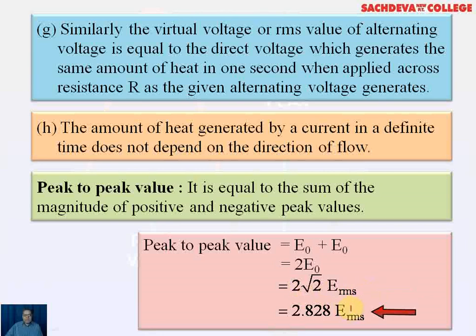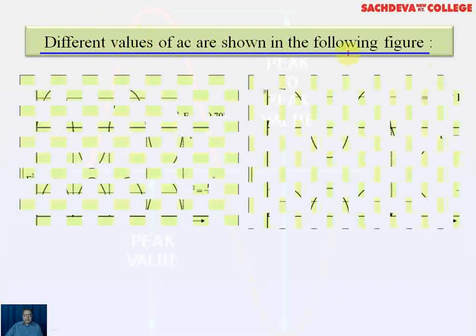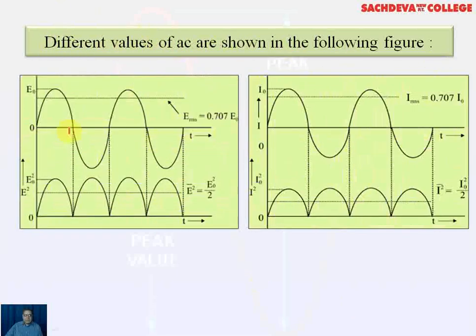If we calculate 2 root 2, for root 2 we put 1.414 and multiply by 2, it becomes 2.828 E RMS. Now different values of AC are shown in the following figures. In both figures, in one case the voltage is indicated, that is E RMS is equal to 0.707 of E naught, and we have also taken here E square bar is equal to E naught square by 2. Similarly for current, the same explanation is valid.